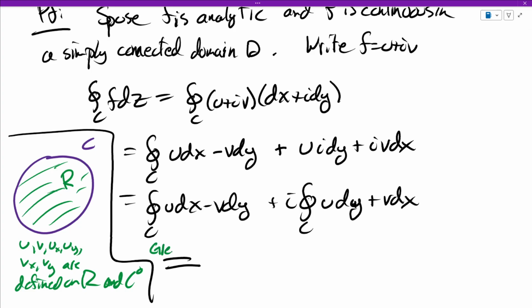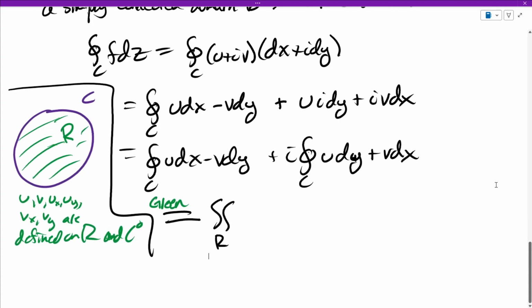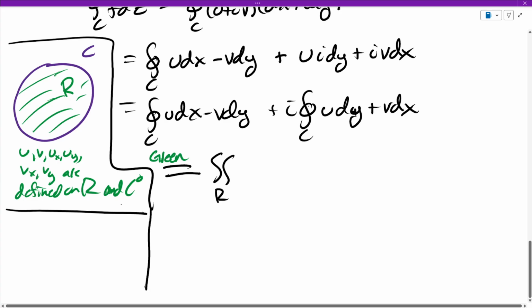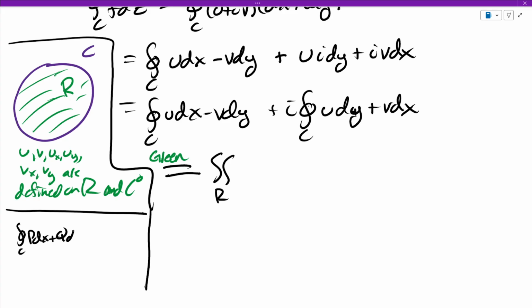By Green's theorem, this integral is going to be the double integral over R. Let me put maybe Green's theorem a little bit lower here. Green's theorem tells us that if we want to integrate over a contour p dx plus q dy, we saw this a little bit ago, that's the double integral over the region qx minus py dA.